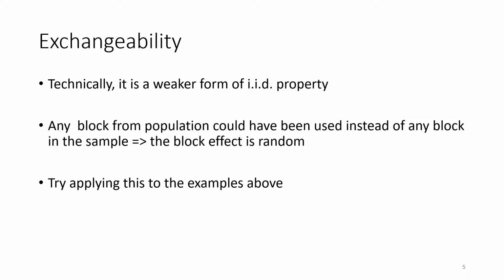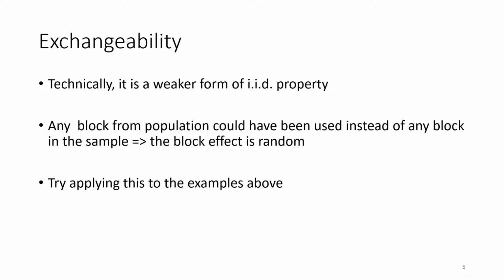When effects of blocks or experimental units are treated as random, they might be called exchangeable. Exchangeability of random variables is a weaker form of IID property. If the random variables are independent and identically distributed, they are exchangeable.